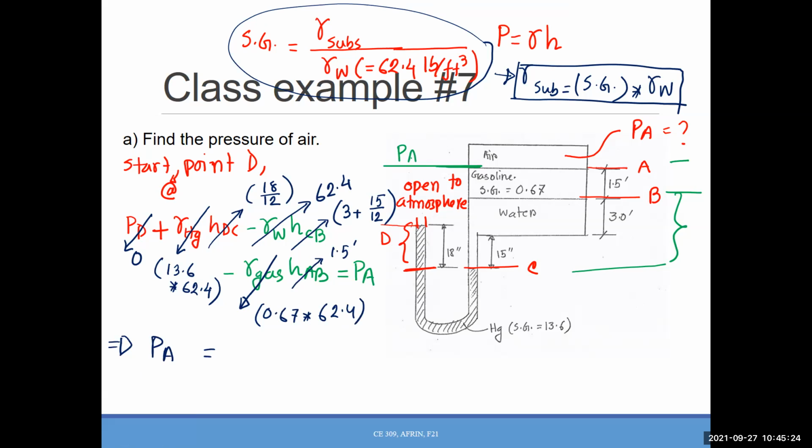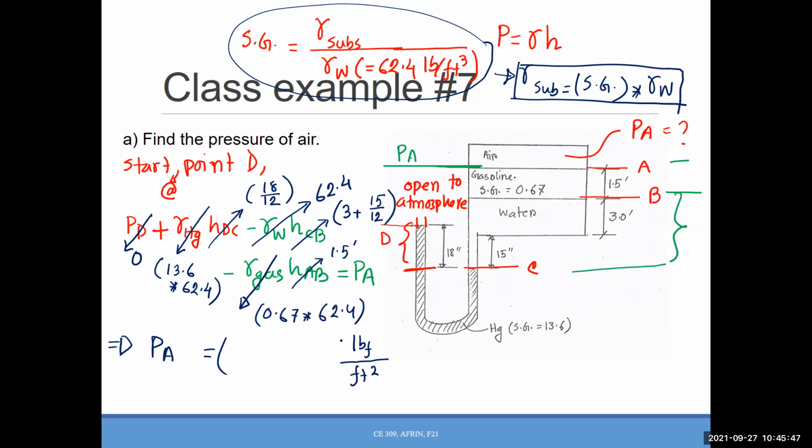Since this is pressure, force over area, what will be the unit? What is the unit for force? Pounds, okay. And what will be the unit for area?